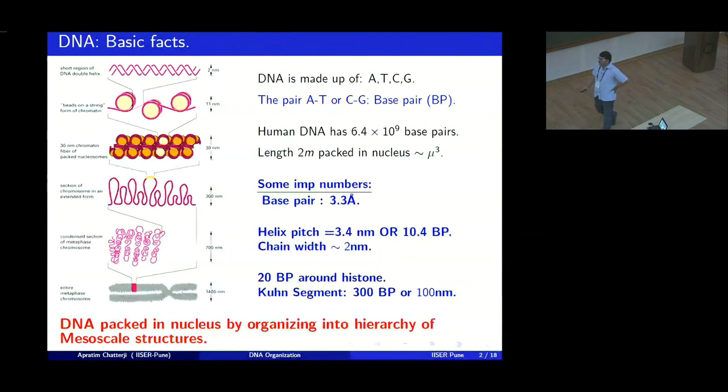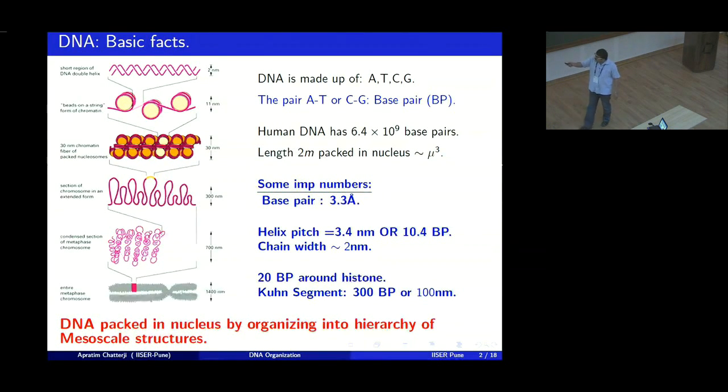So the question is, of course, how can you pack such highly charged DNA in a small volume? Some part of this has been understood, and one knows that the DNA is packed around certain proteins called histones. DNA wrapped around histones forms a pearl necklace kind of structure.